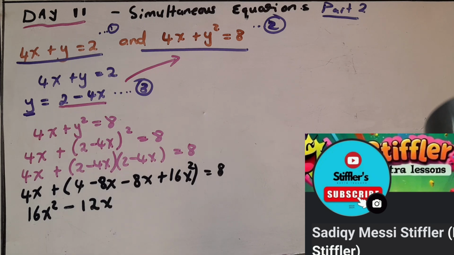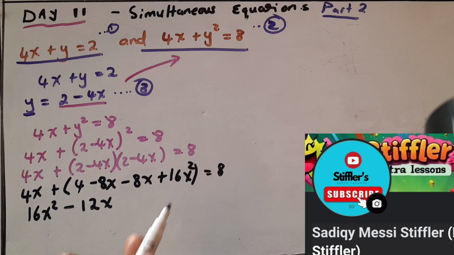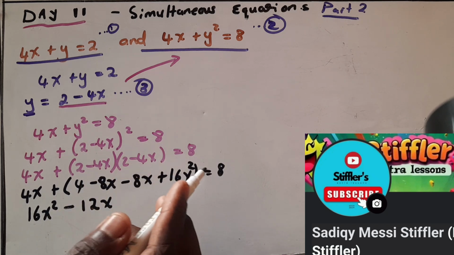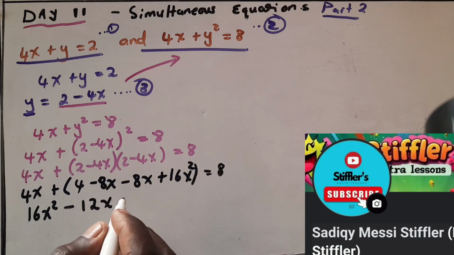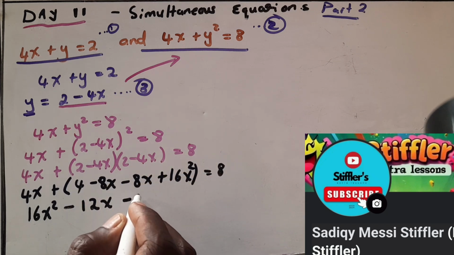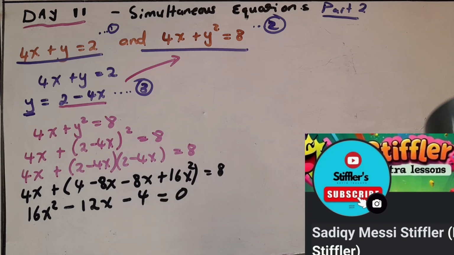12x. And then we can bring the 8 to this side and it becomes a negative, right? So this will be 4, that is positive, minus 8, so that will be a minus 4, and this should be equated to 0.